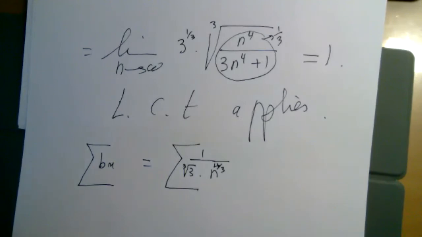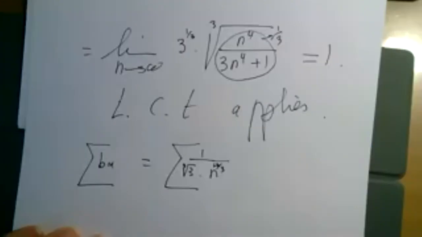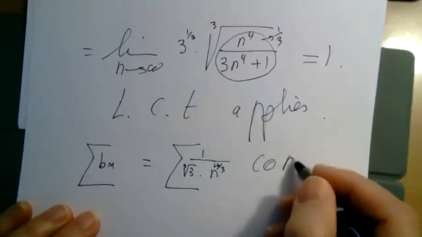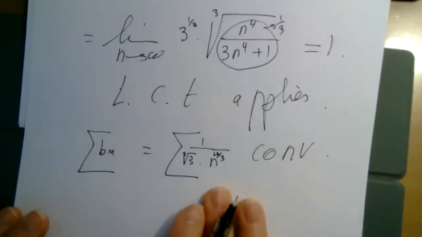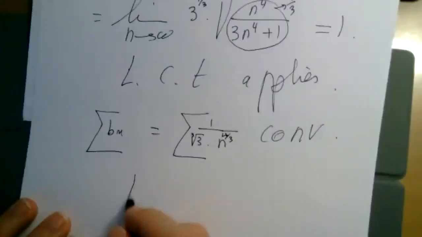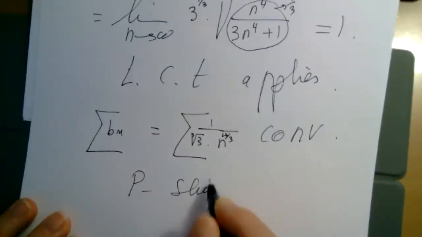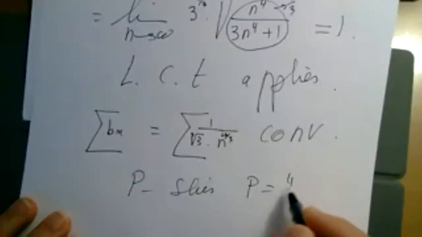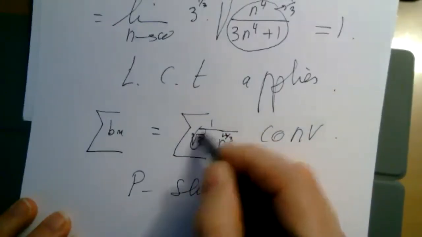But what do we know? Does sigma Bn converge or diverge? Converge. Okay, is she right? It converges because it's a p series with p equal 4/3. Constants do not bother us.